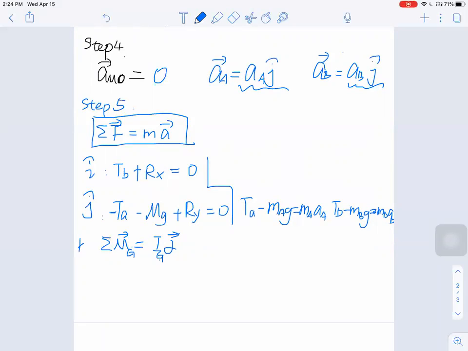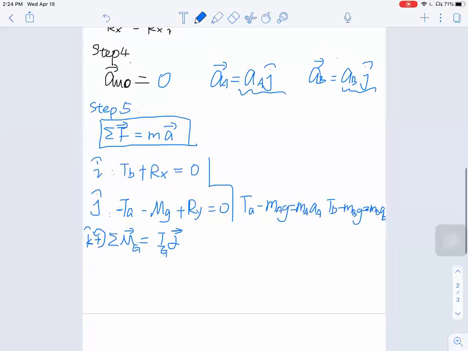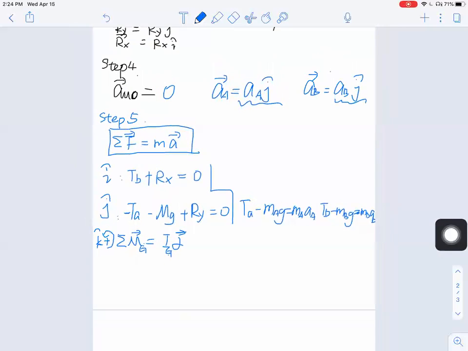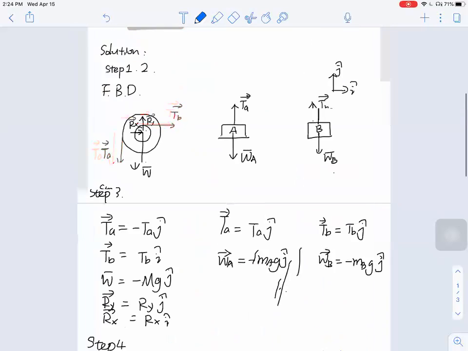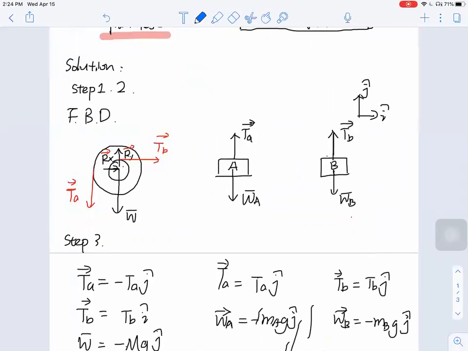So define this is our K, and the positive direction is going to be counterclockwise. Okay, so you're going to use this Euler's second law for each mass. And let's do that for the first mass. In order to do that, you need to go back to the free body diagram. The center of mass of this rigid body is at the center point O.